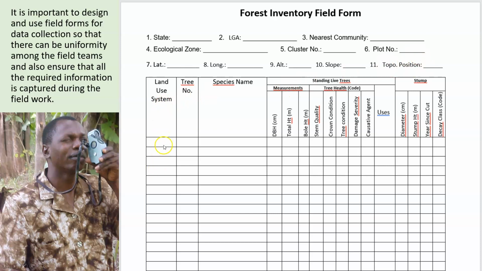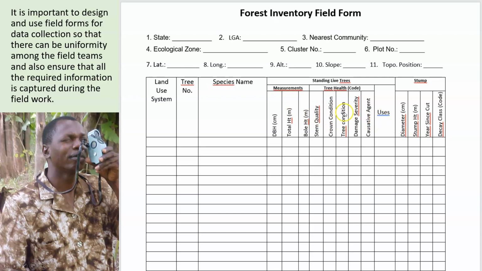And then the land use system, whether it is a cultivated area, an undisturbed forest area, whatever it is, you put it there. Then the tree number, all the trees to be enumerated will be numbered. So you have the numbers, then the names of the trees, the species names, and then the DBH. All the things you have here will depend on the kind of inventory you want to do.